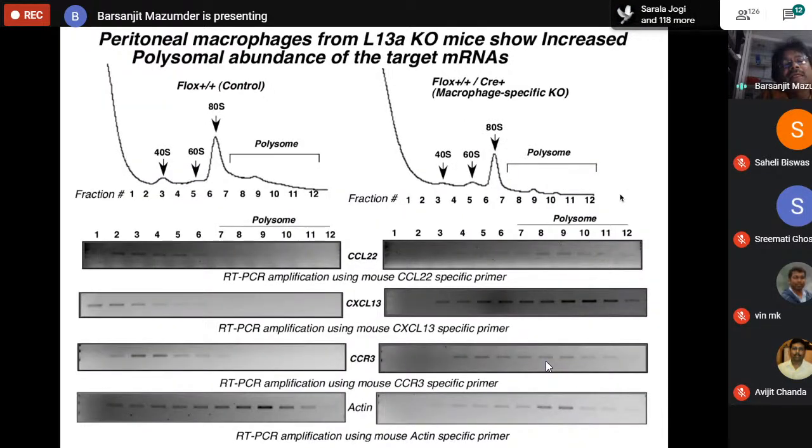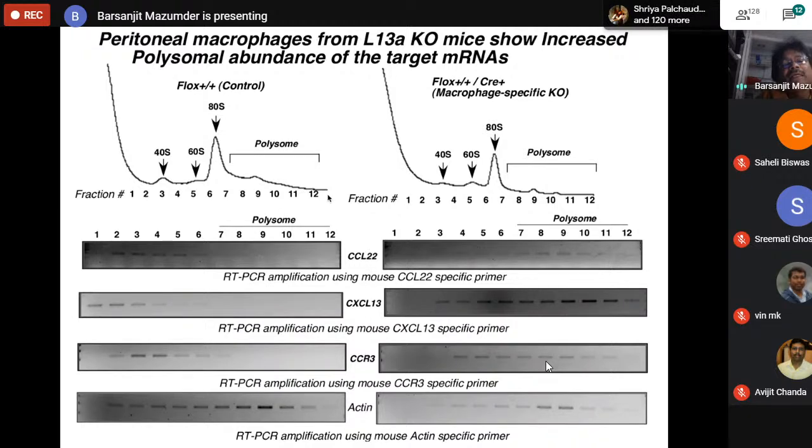But what is the relationship with translation control? Is translation control of these inflammatory molecules compromised there? So, we also undertook a very challenging experiment by isolating primary macrophages from control and knockout mice, resolving the ribosomes, isolating the polyribosomal fraction, meaning the translationally active pool, and then determining the relative abundance of these three cytokines.